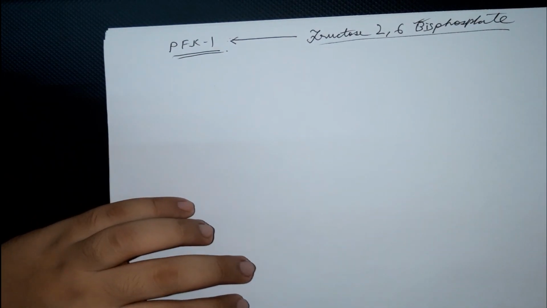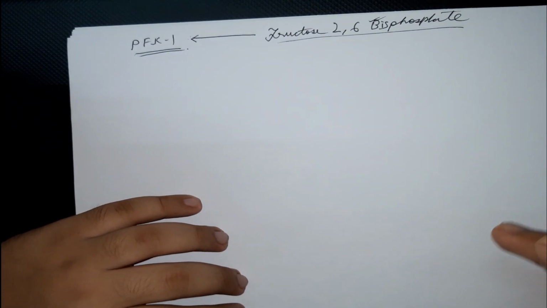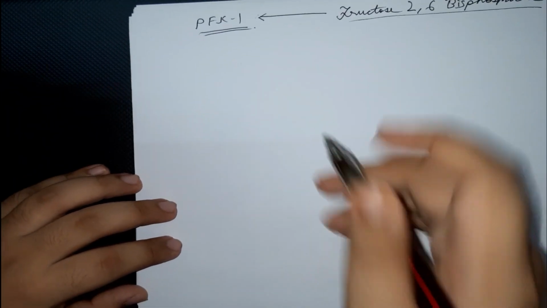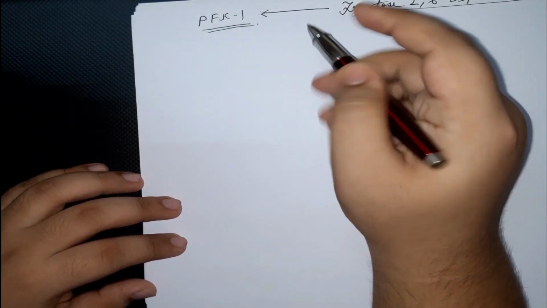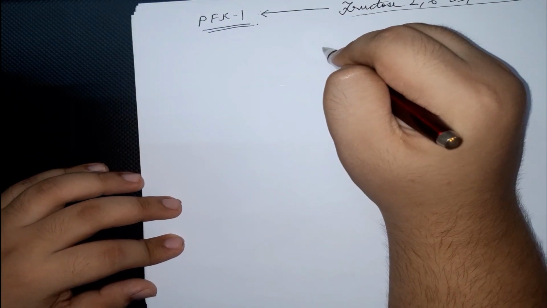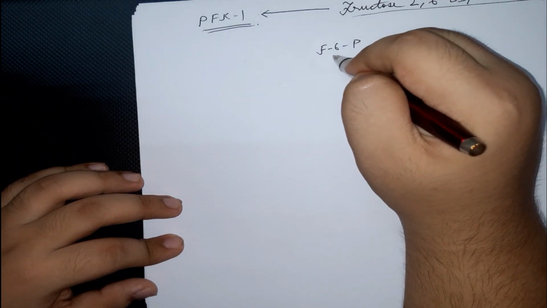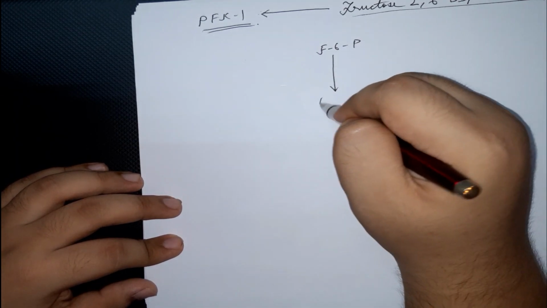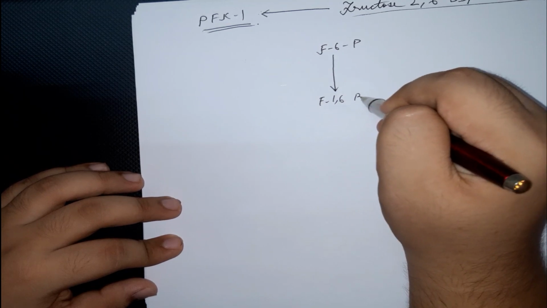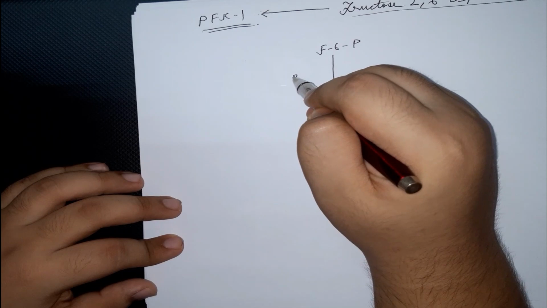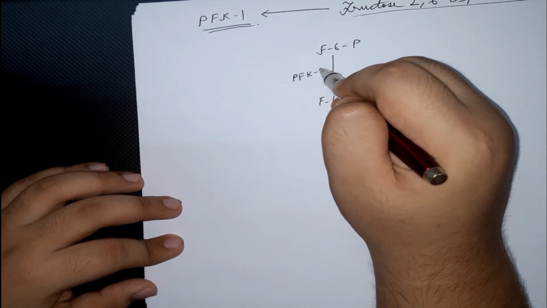Now I'll tell you how this ties up with PFK2. Let's write it down. We have fructose 6 phosphate being converted to fructose 1,6 bisphosphate. Here phosphofructokinase 1 is being used.